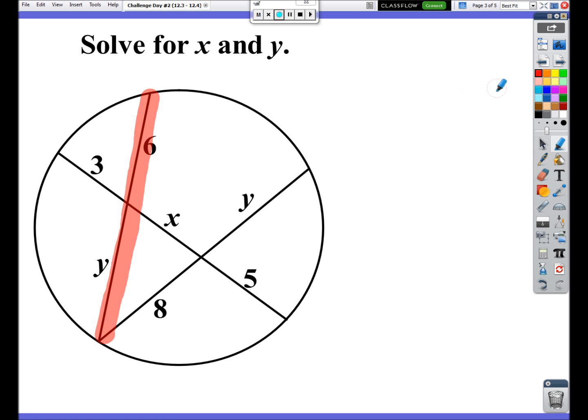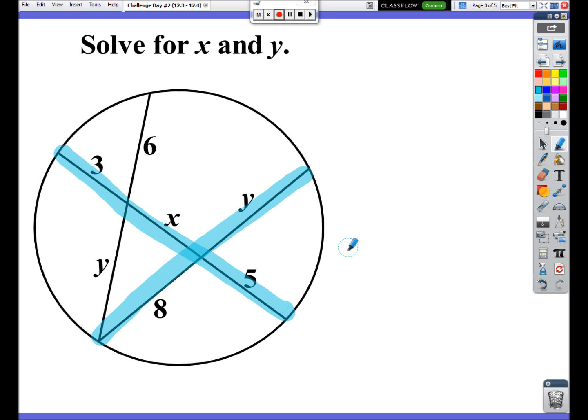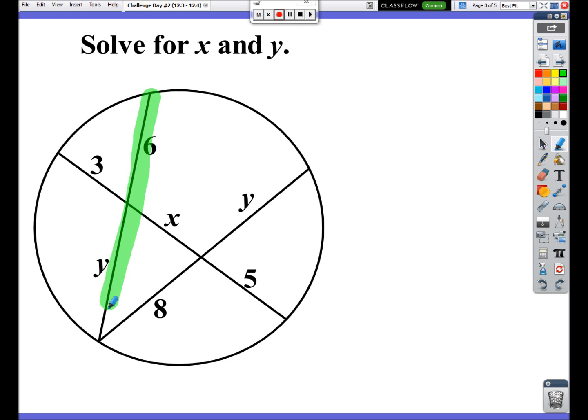So, like this chord and this chord, or we're going to be dealing with this chord is intersecting paths with this chord. Now, the other 2 chords really are not intersecting each other and splitting each other up into various lengths. So we can't deal with these 2 pieces.